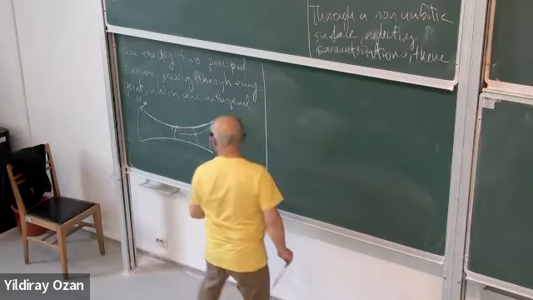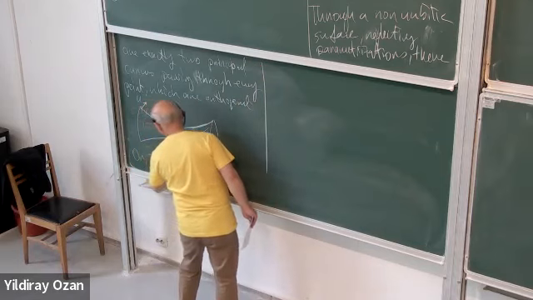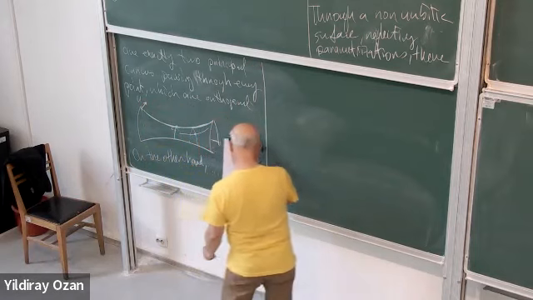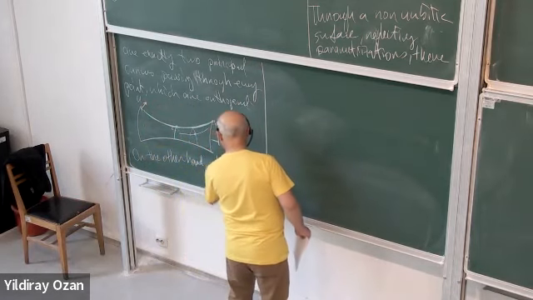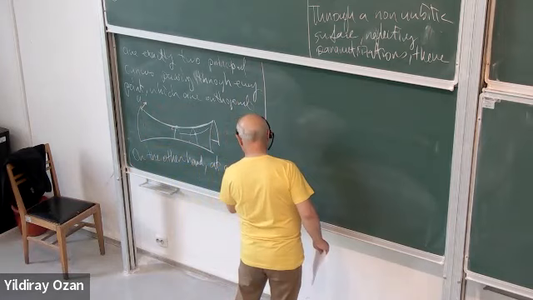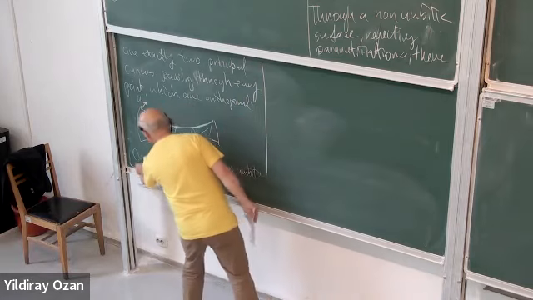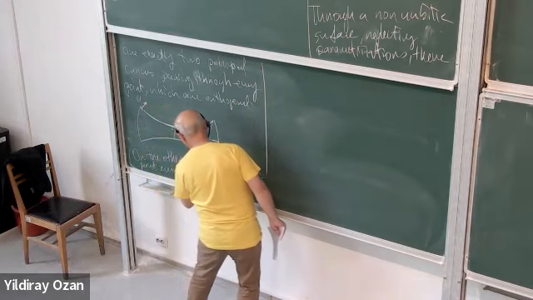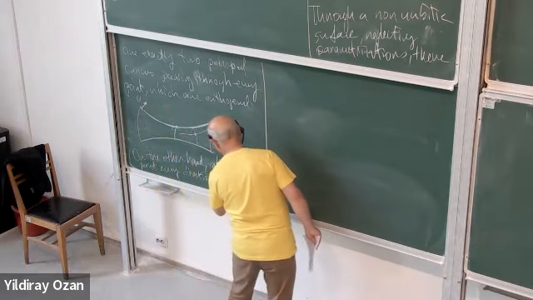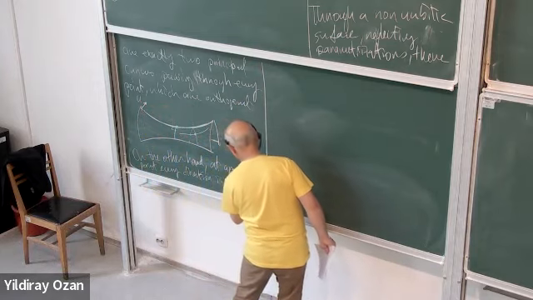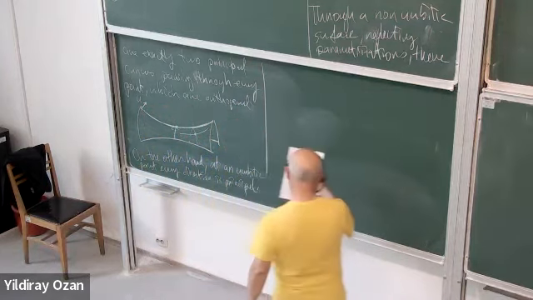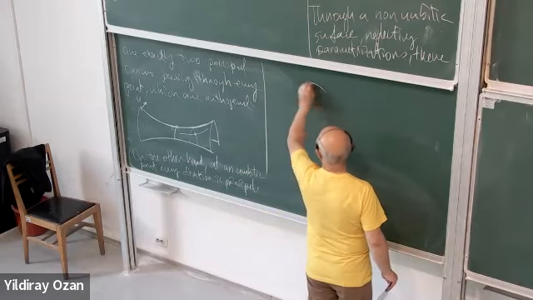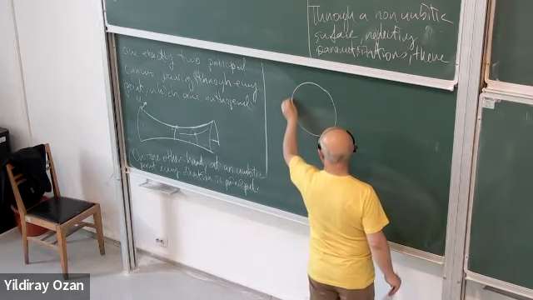Of course, on the other hand, at an umbilic point, every direction is principal. So, for example, consider a sphere.